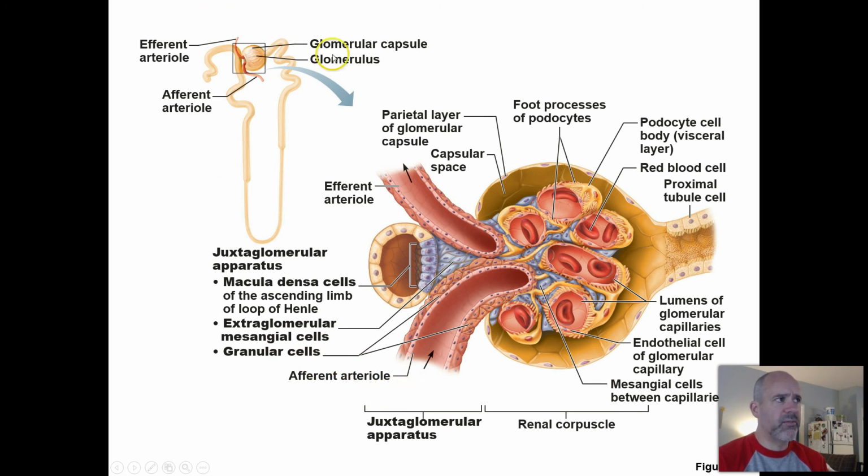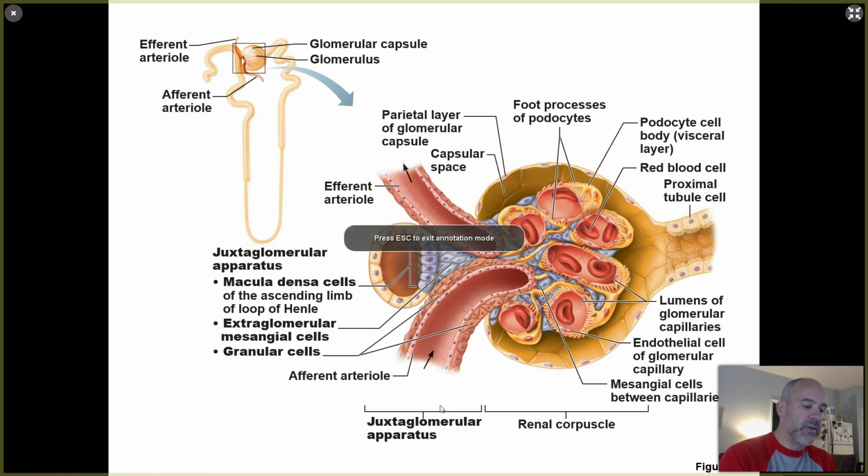But again, here's a typical nephron, and blood comes in toward each nephron through a tiny microscopic blood vessel called an afferent arteriole. So afferent means incoming. We've seen that before when we were covering the lymphatic system. You had afferent lymphatic vessels that were bringing fluids to the lymph nodes.